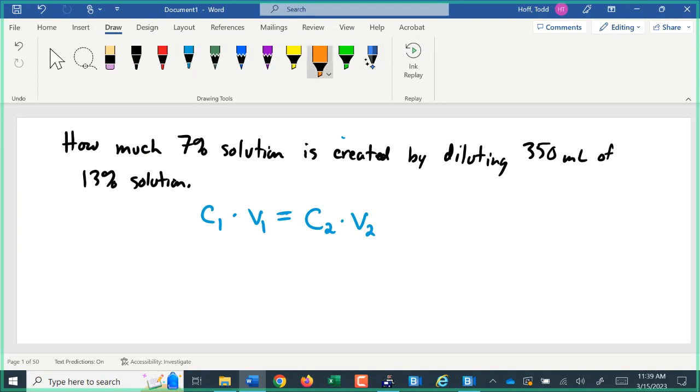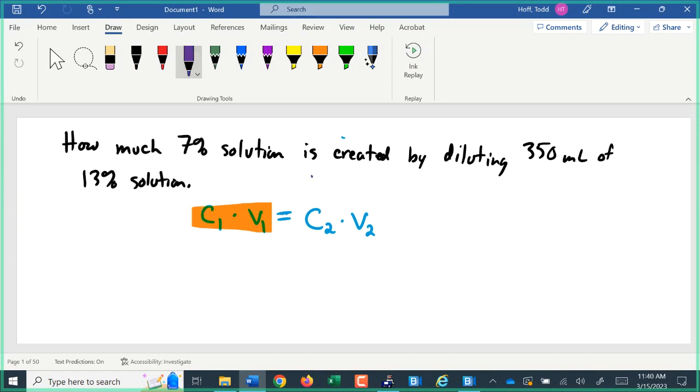Remember that expression, C1 times V1, represents the amount of active ingredient in that solution. If we're just adding a diluent, like normal saline or sterile water, we're not adding any active ingredient, so the amount before and after that dilution should stay the same.